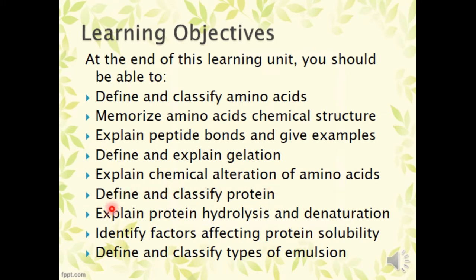And then next one is to explain protein hydrolysis and denaturation, and what are the factors that lead to protein denaturation. Next is identifying factors which affect protein solubility, and finally defining and classifying types of emulsions.